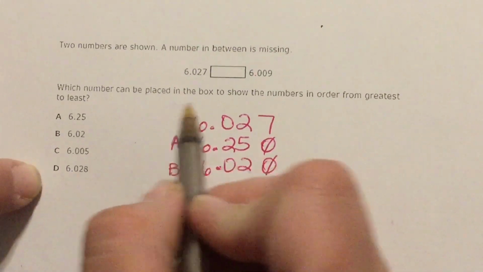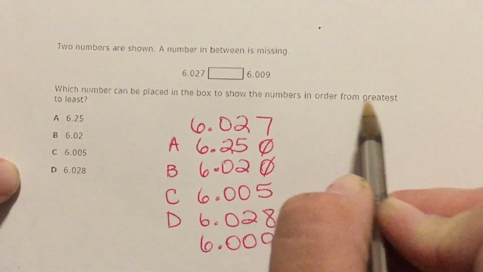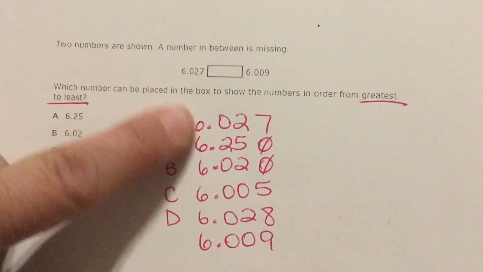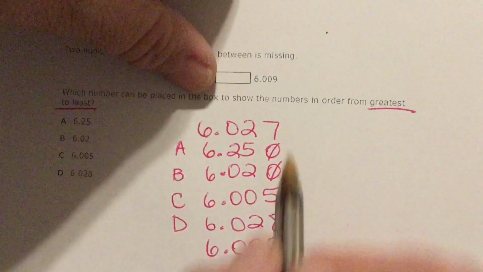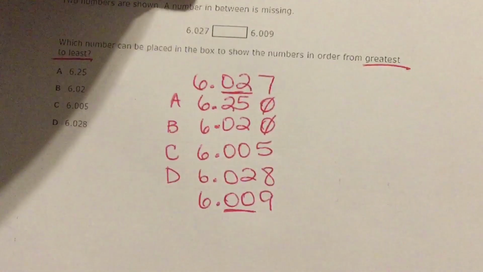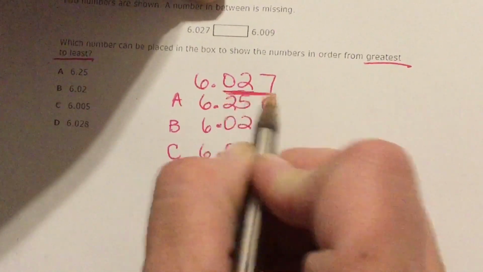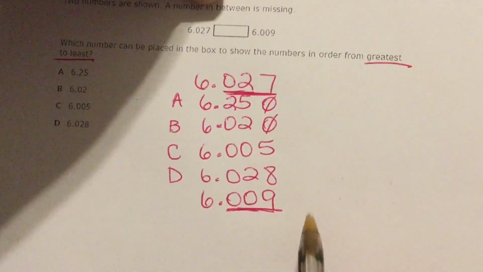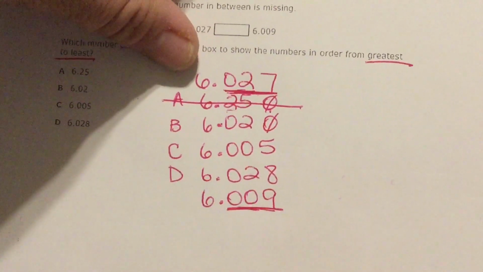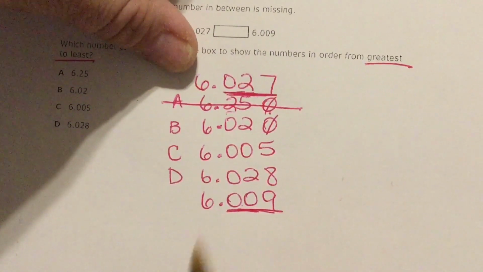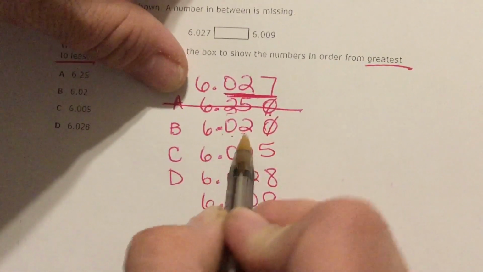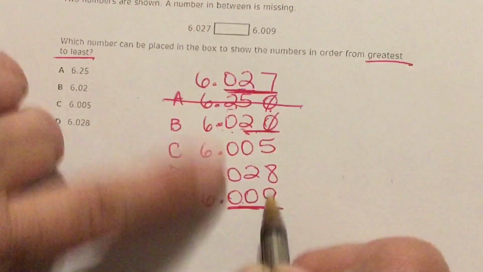So which number can be placed in the box to show the numbers in order from greatest to least? So we're looking for A, B, C, or D. Which one's going to fit perfectly in between 6.027 and 6.009? So 6.250, it's out. That is way bigger than 27. Way bigger than 9. Okay, 6.02 is in between 9 and 27.